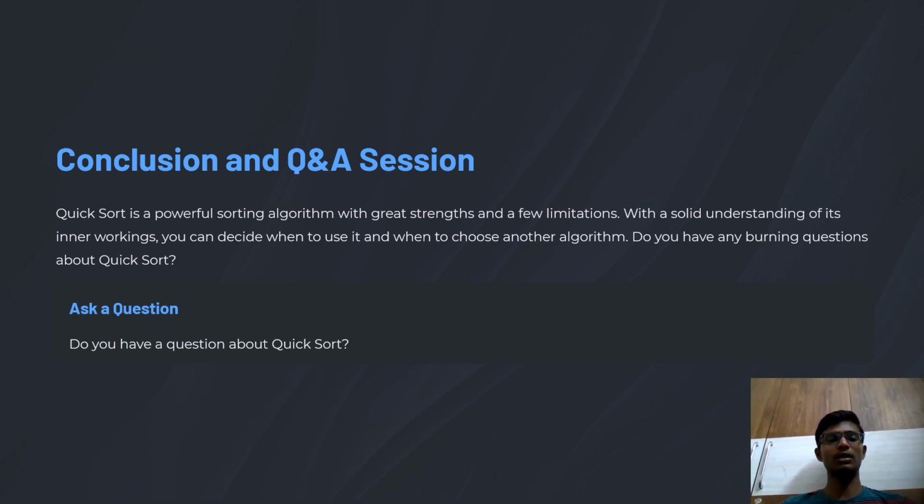Quicksort is a powerful sorting algorithm with great strengths and few limitations. With a solid understanding of its inner workings, you can decide when to use it and when to choose another algorithm. The quicksort algorithm is the most efficient algorithm which can be used widely, and if you have a deep understanding of it, you can decide when to use it.